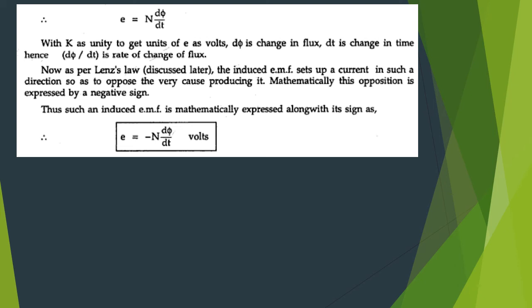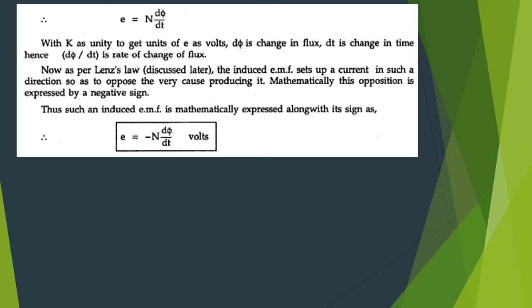With K as unity, e is in volts, d phi is the change in the flux, and dt is the change in time. So d phi by dt is the rate of change of flux.